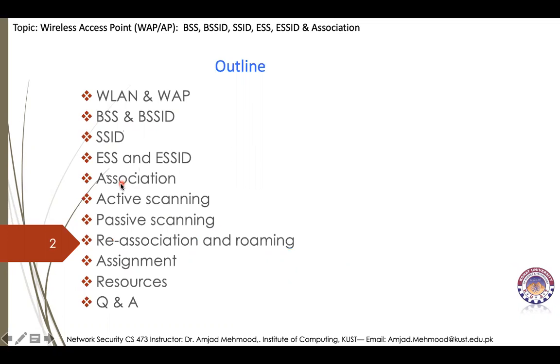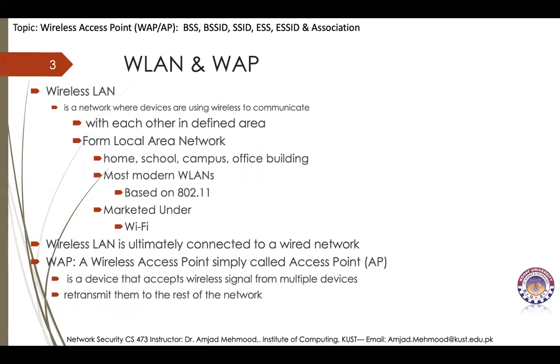Then we will be looking into association, and in the association we will be discussing active scanning, passive scanning, and then we will be discussing reassociation and roaming, and then I'll give you an assignment, and then I'll share my resources which I have used in preparing these slides, and then we will have a question and answer session. So let's start with WLAN and wireless access point or WAP.